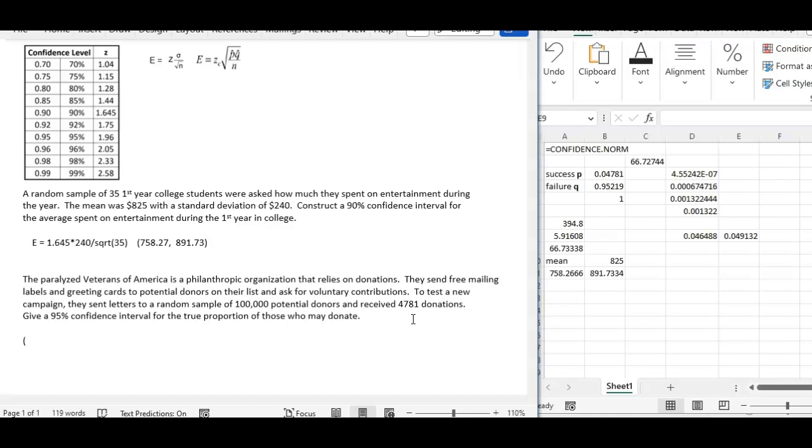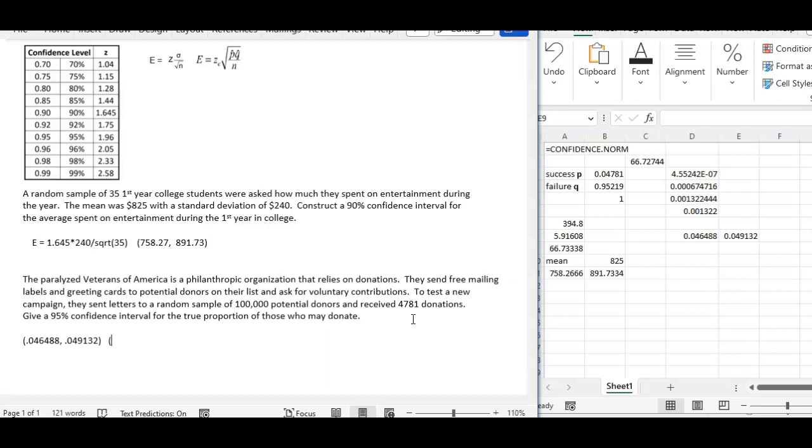So if I were to write that out over here, that would be 0.04648, comma, 0.049132. And it would be nicer, because we're talking about proportions, to put this in terms of a percentage.